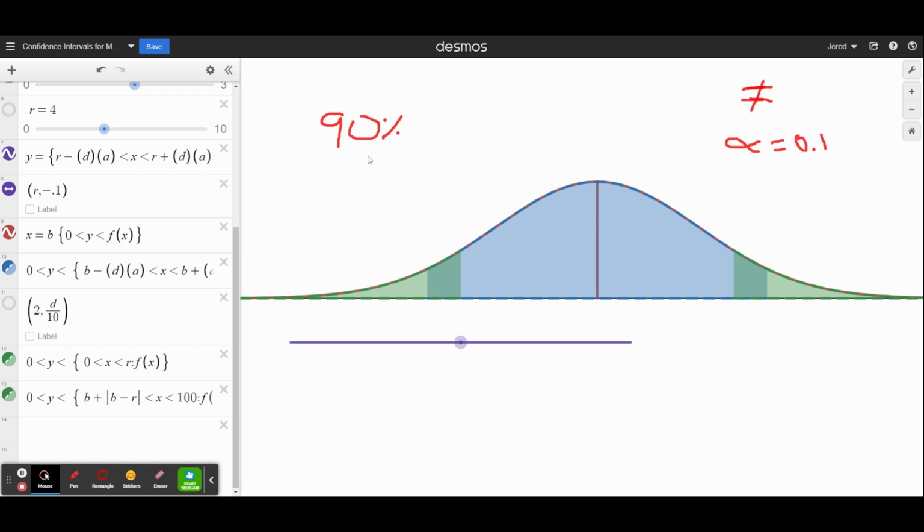Now, this relies on that 90% and the 10% for the alpha adding up to 100%. If this was like a 70% confidence interval and a 10% alpha, this would not work. Now, conversely, let's say that we get a p-hat that's out here somewhere. Well, since each of these tails was 5% and now the green is outside of it, we would get an alpha when we added these together that would be less than 10%. So we would reject this null hypothesis that the true proportion's here in the middle.